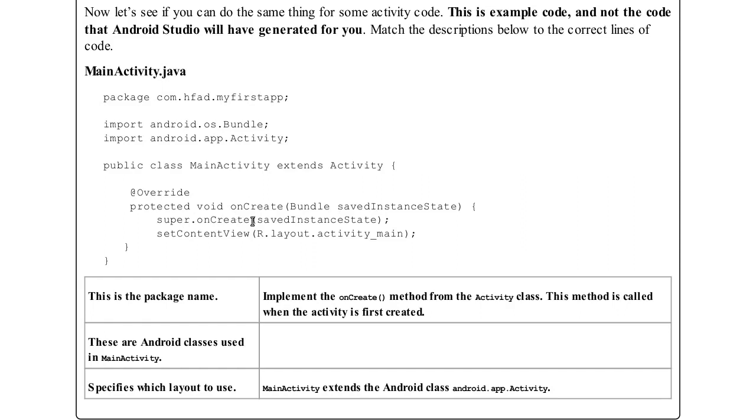So we write super.onCreate(savedInstanceState), and then we have to write the layout of that activity. Its layout is activity_main. We write setContentView(R.layout.activity_main). So first we covered the XML file, then we covered the activity file.